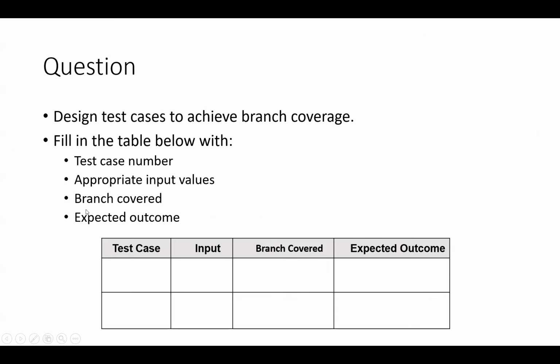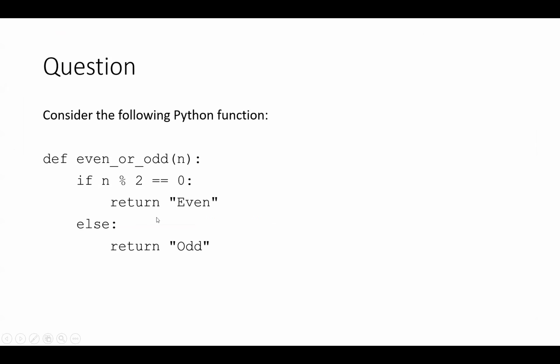Where you have to fill a table with the test cases, right? But you're doing it in this format where you have the test case, input values, the branch, and the expected outcome. So in this function, you have two branches. You have a true branch. So if n modulus 2 is 0, then this is the true branch.